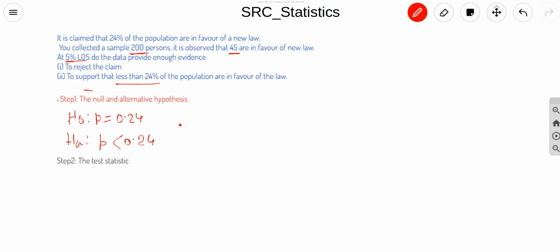Now since the alternative hypothesis contains this less than sign, the alternative hypothesis is left directional. So if the alternative hypothesis is left directional, this is a left tail test, or one tail test.